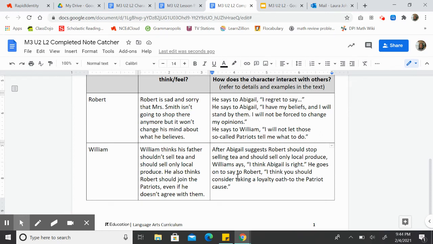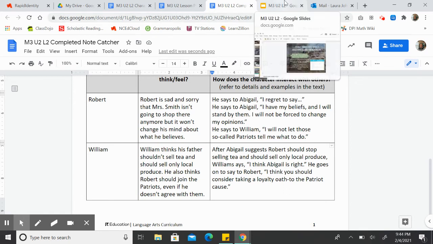And he goes on to say, "I think you should consider taking a loyalty oath to the Patriot cause." We know that his father was a loyalist and he did not support the Patriot cause, but William is pretty adamant that his dad needs to do that, right?